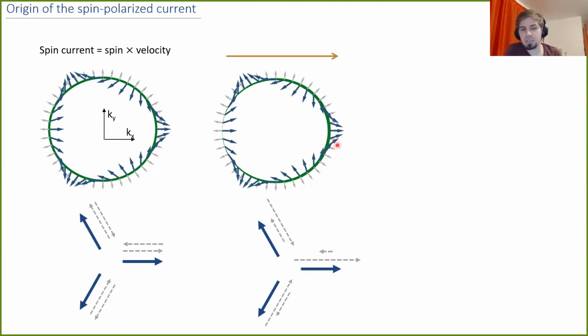But if we simplify this even further, just say we only have 3 electron types, you can see from here with the redistribution that this will no longer cancel, because these spins that are along the electric field, there will be more of those than these, and this will not cancel out. So there will be a net spin of the conduction electrons.